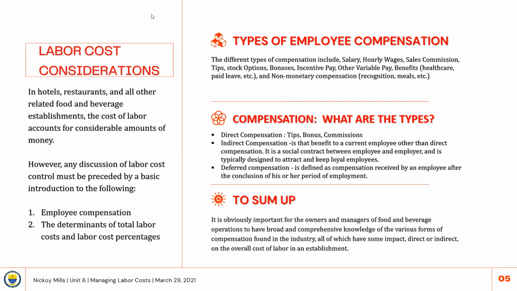In some cases, depending on the size of the establishment, because sometimes, if it's a big hotel and they have a lot of staff, they may have to have 2 or 3 staff canteens.